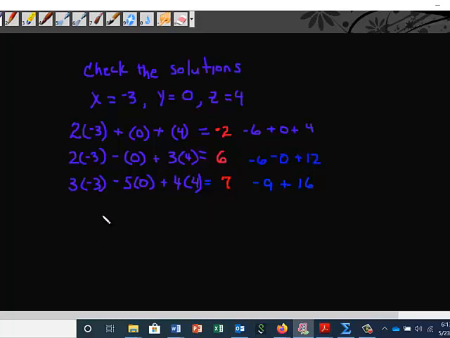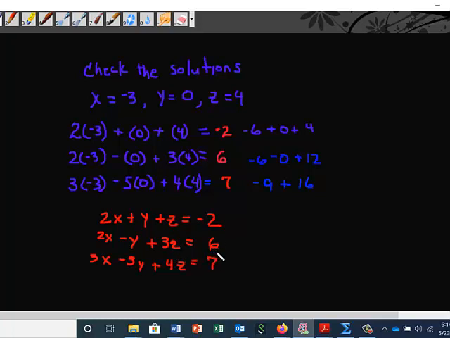Our original problem was this: 2x plus y plus z is equal to negative 2, and 2x minus y plus 3z is equal to 6, and we had 3x minus 5y plus 4z is equal to 7.